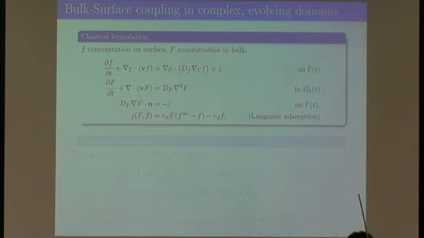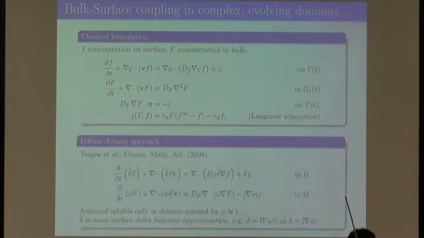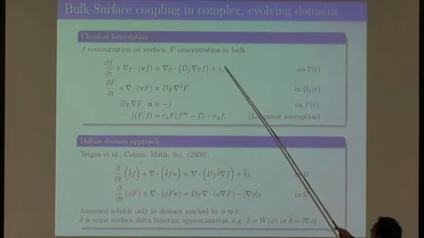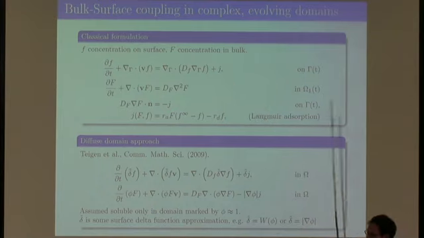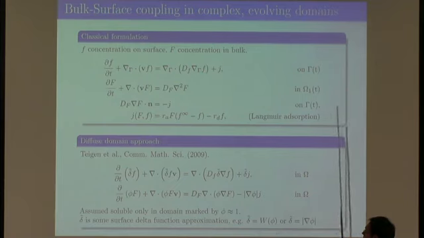But if you have a phase field, there's a nice way of rewriting these equations such that you can solve them in the whole domain, in the whole computational box omega, which contains the two fluid domains and the membrane. So what you do is you multiply these equations from above with the characteristic functions of the domains where they live.